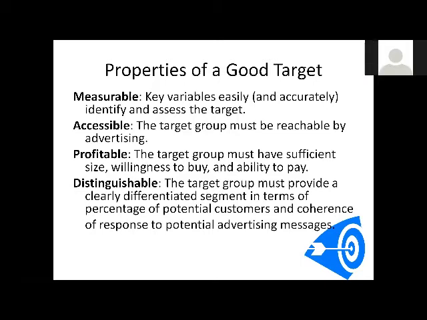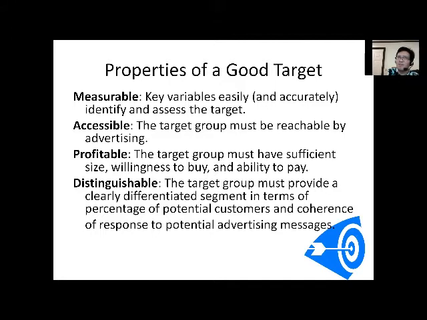Accessible. The target group must be reachable by advertising. Okay, so it sounds like common sense, but sometimes people forget about accessibility. So you invest in internet ads, but your target audience doesn't have access to high-speed internet, which can play videos or flash.